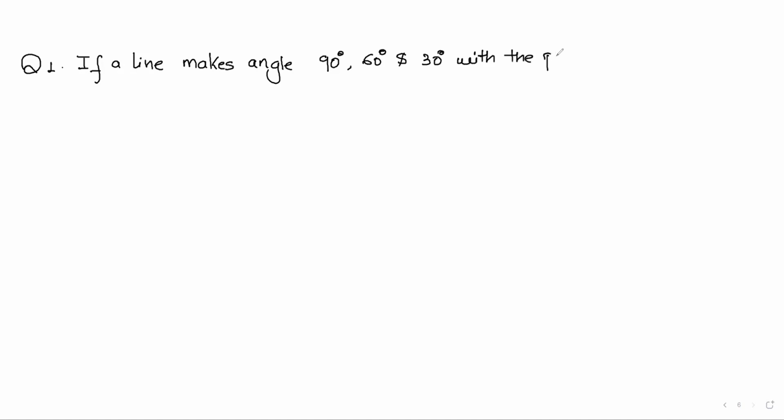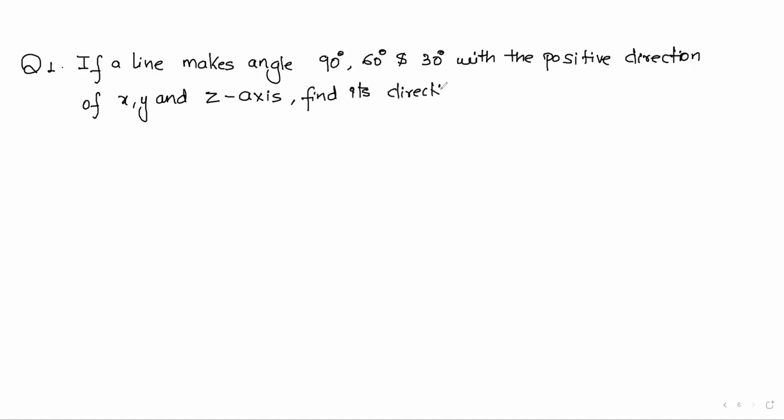Please write this. If a line makes angles 90 degrees, 60 degrees, and 30 degrees with the positive direction of x, y, and z axis, find its direction cosines.